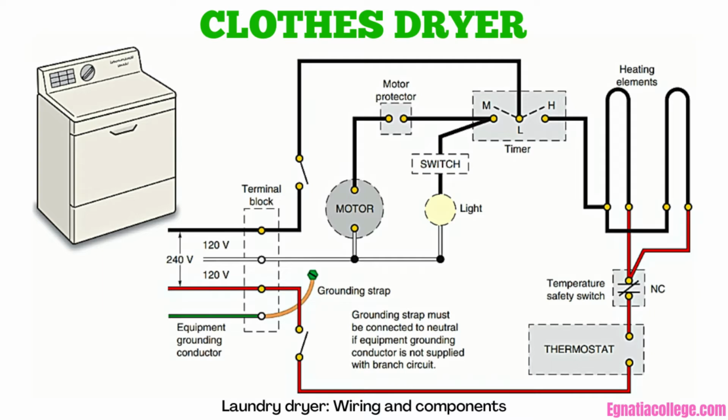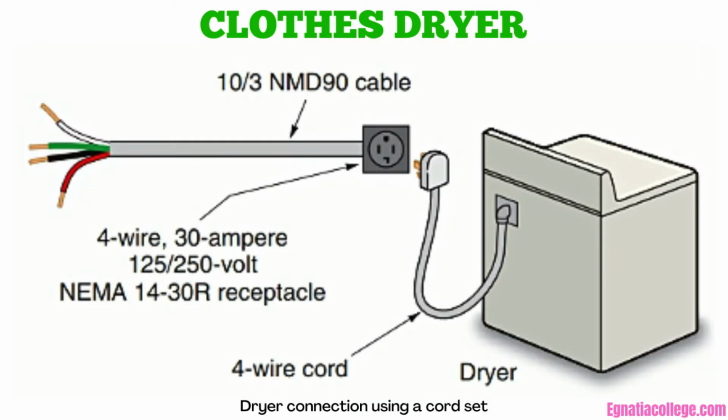A separate receptacle, as shown in CSA configuration 14-30R, Diagram 1, should be installed on the wall adjacent to the dryer. Rule 26-744-3 requires that a cord set as shown in Canadian Standards Association (CSA) configuration 14-30P be used to connect the dryer to the receptacle.